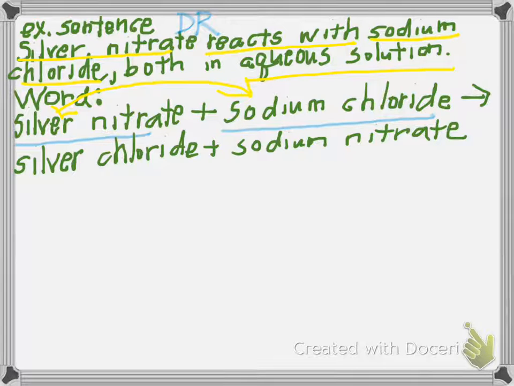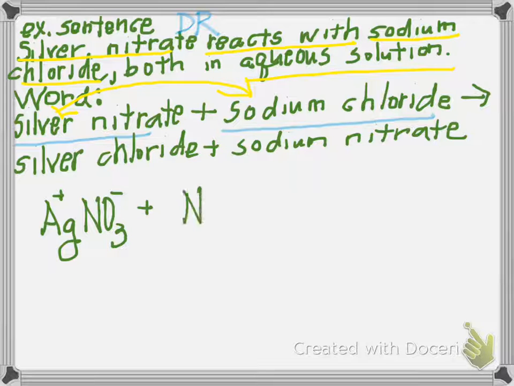So we'll go ahead and write a balanced chemical equation for this. Again, these are all ionic compounds, so every single time I'm going to do symbols, charges, crisscross, lowest whole number ratio. My symbol for silver is Ag. It has a charge of +1. Nitrate is NO3, -1, so nothing to do to that one. Sodium is Na, its charge is +1.